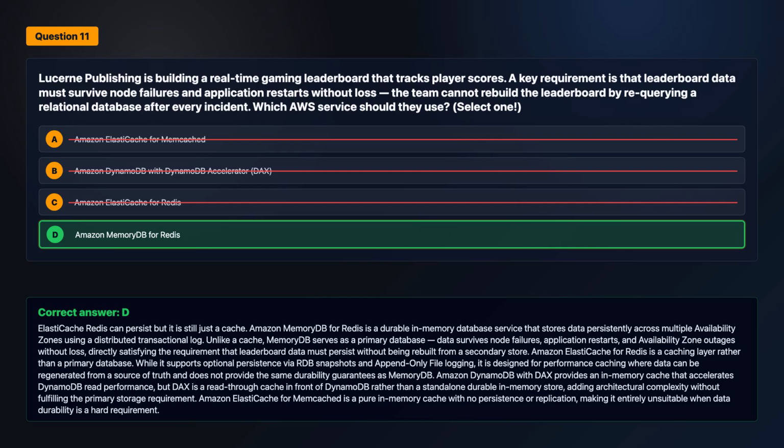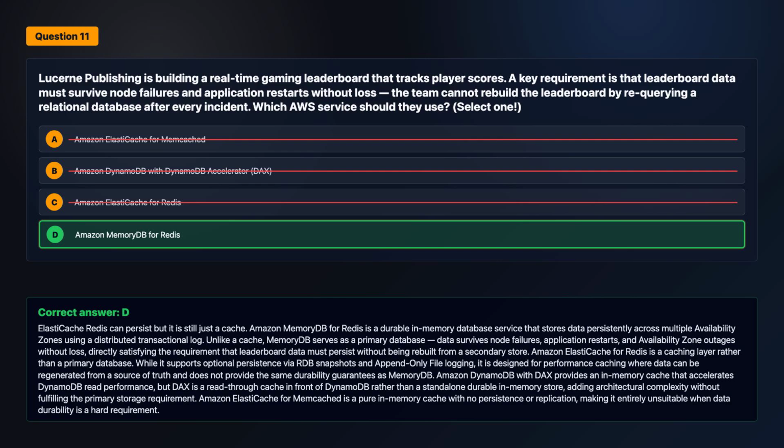Amazon ElastiCache for Redis is a caching layer rather than a primary database. While it supports optional persistence via RDB snapshots and append-only file logging, it is designed for performance caching where data can be regenerated from a source of truth and does not provide the same durability guarantees as MemoryDB.